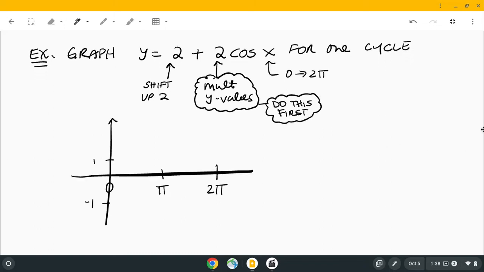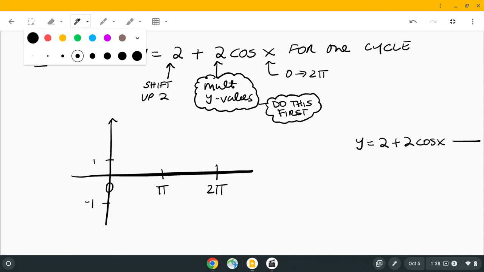All right, so my final graph will be 2 plus 2 cosine x, and that one will be solid black. I'm going to have to do this, and I'm going to have to do this. So I'm going to need 2 colors. Okay, let's do a blue first.